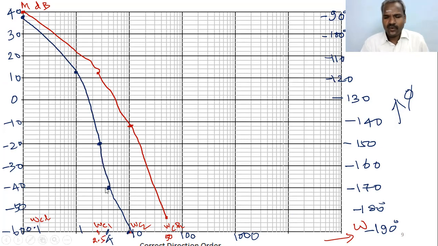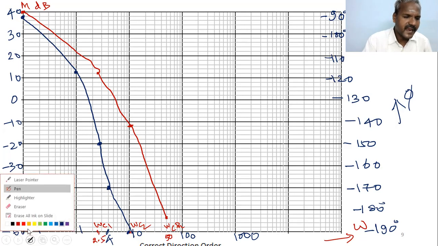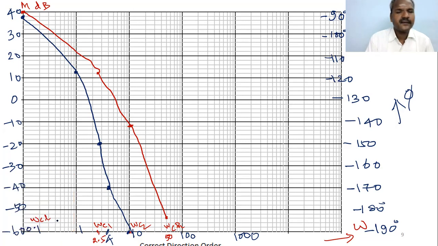Right? Now our aim is to find the gain crossover frequency and phase crossover frequency. Understand or not? See, what is gain crossover frequency? The frequency at which the gain magnitude curve crosses 0 dB. Where is 0 dB?